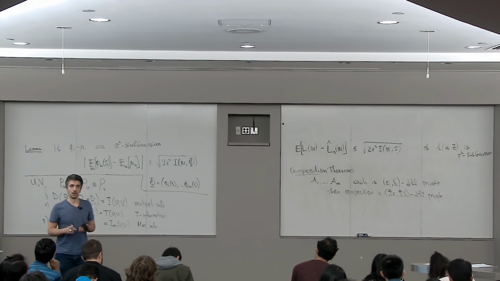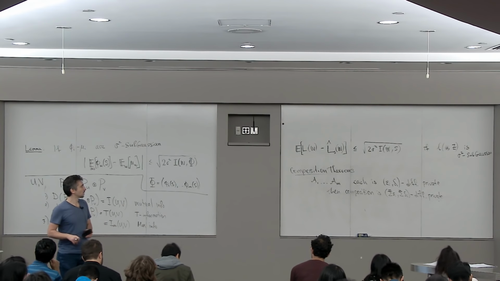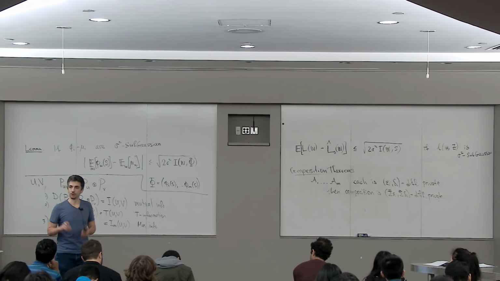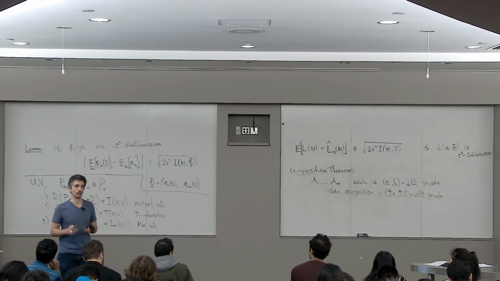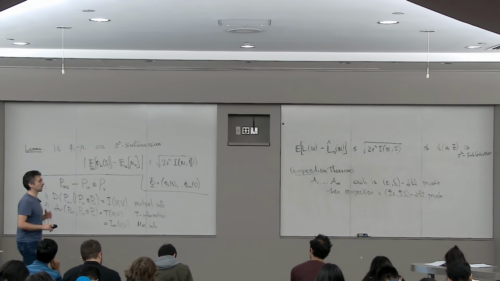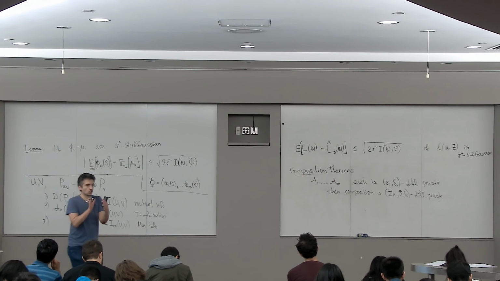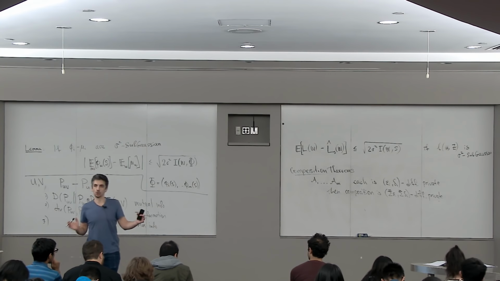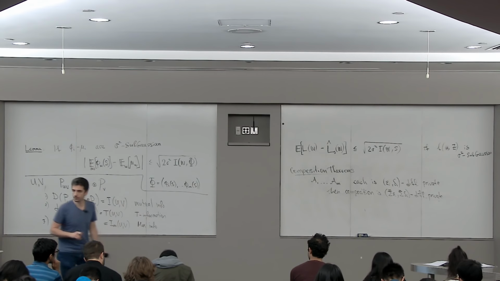So that's kind of where I think differential privacy and the information-theoretic notions of stability shine, because they compose. There are these composition theorems. It allows you to just control one stage, and that controls the whole composition. Okay.